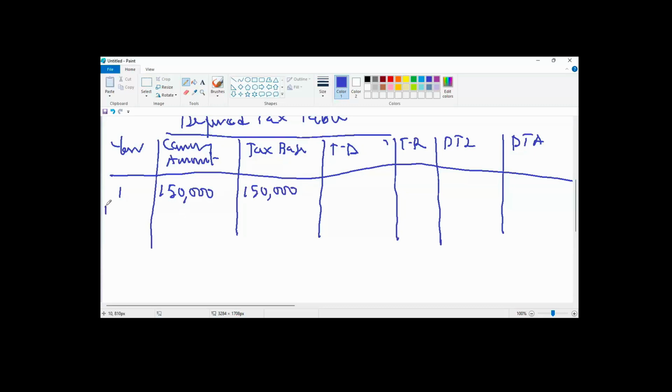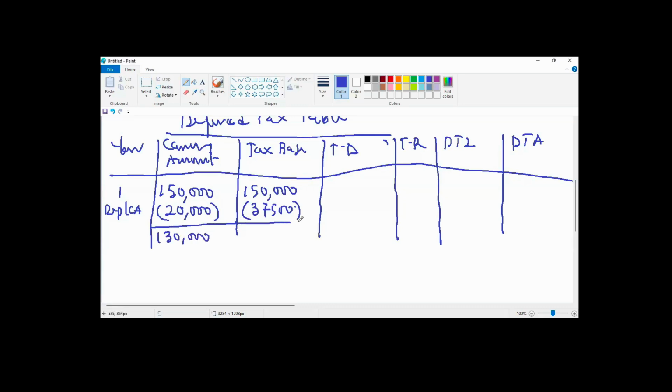They will not charge depreciation, only capital allowance. We will charge depreciation of 20,000, while capital allowance of 37,500 was granted. This has created a temporary difference. At the end of the year, in our books, we have 130,000.